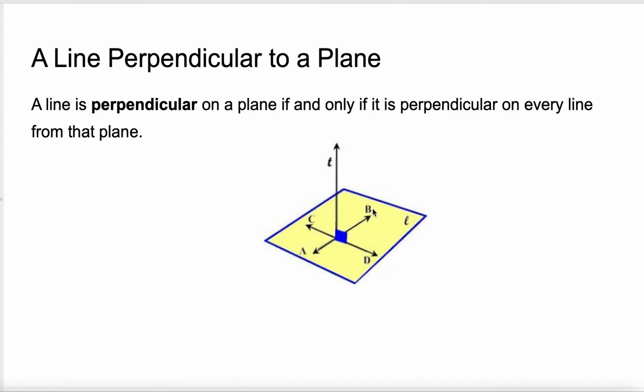So line AB is perpendicular to line T, so you can see between AB and T, it is a 90-degree angle. CD and T is also a 90-degree angle. Any line at this point here is at a 90-degree angle with line T. Then the line is perpendicular to this plane. Okay, so you can see that relationship too.